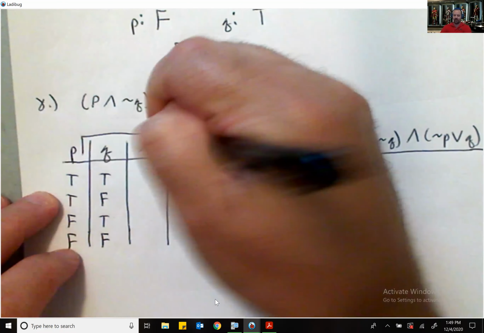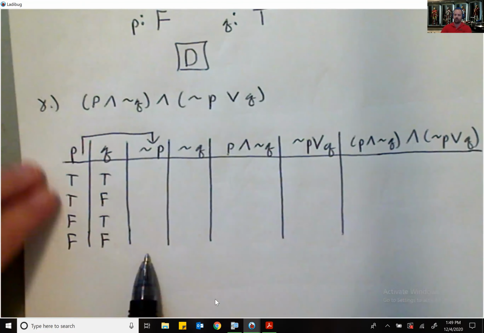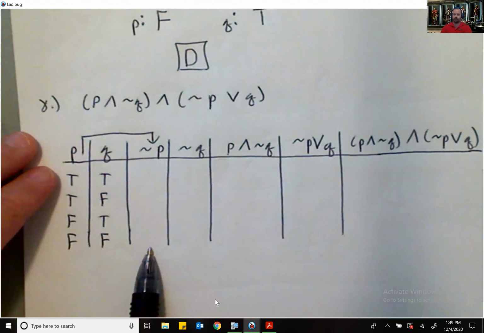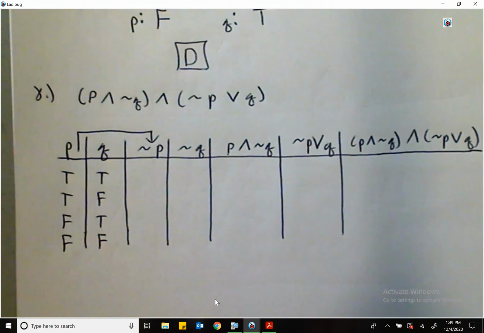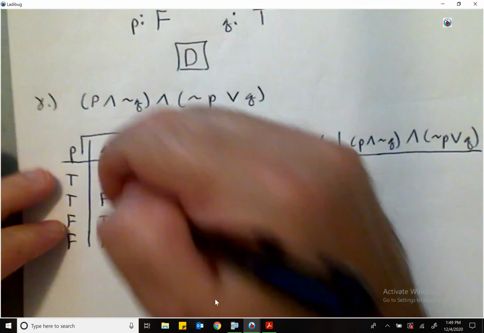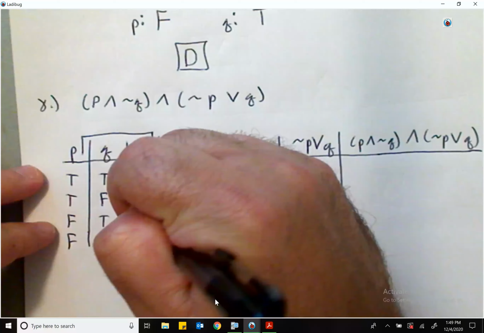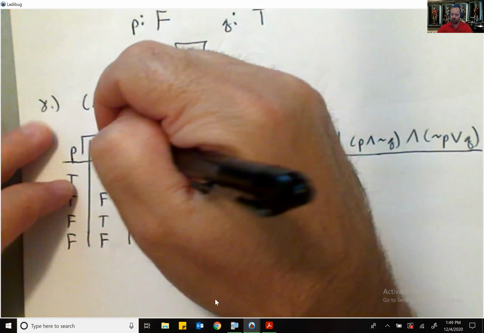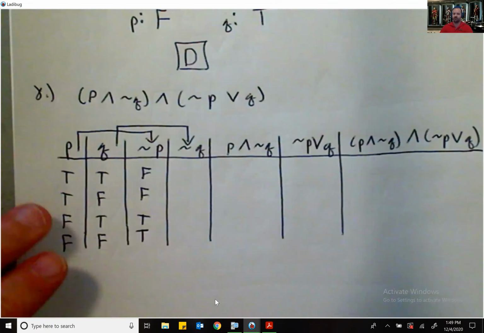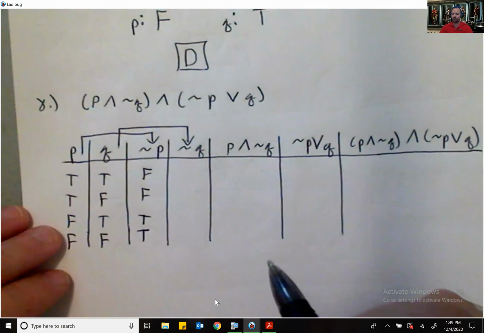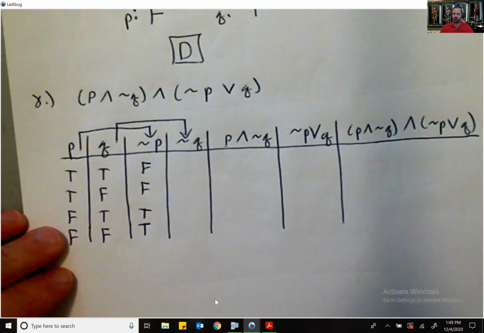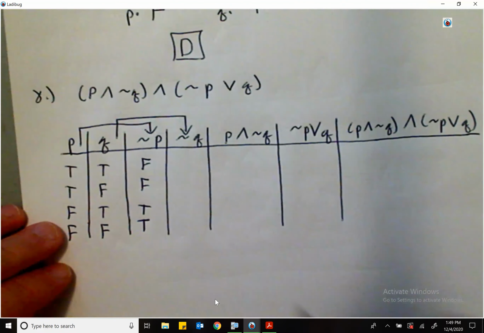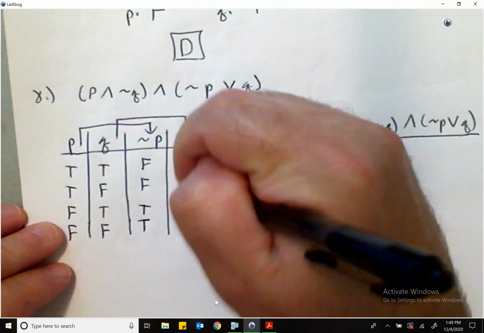What does the negation of P column look like? False, false, true, true. Yay. And using the Q column, we'll get the negate Q column. What does the negate Q column look like? False, true, false, true. Perfecto.